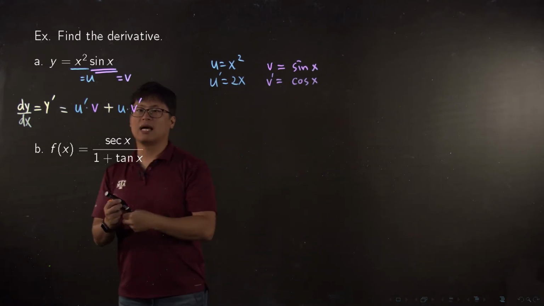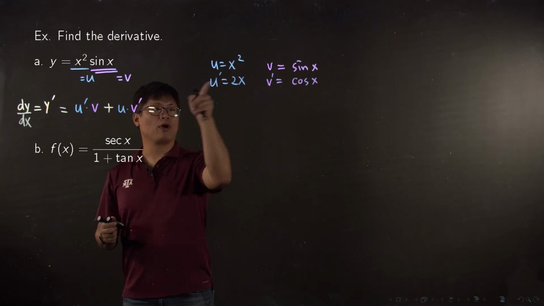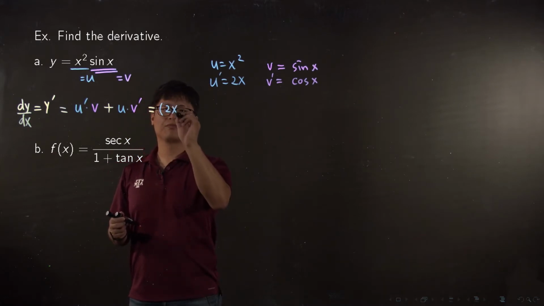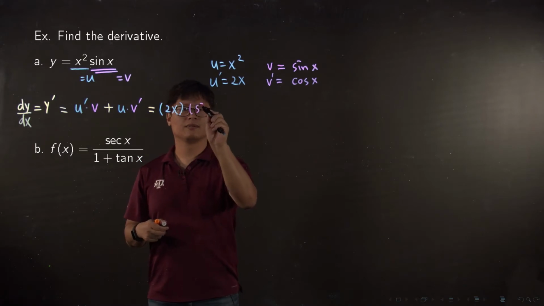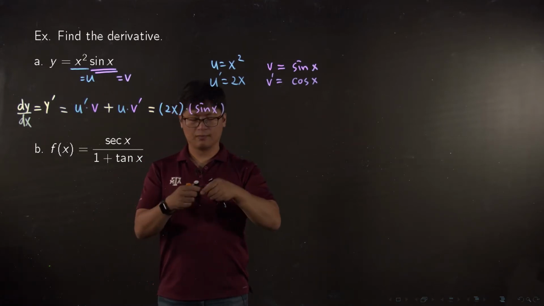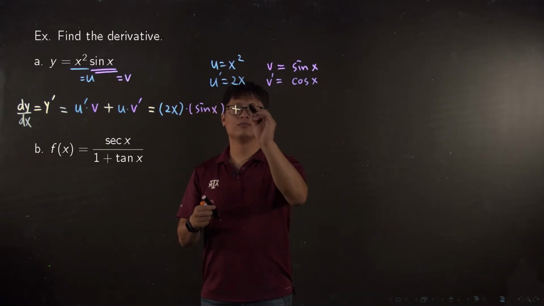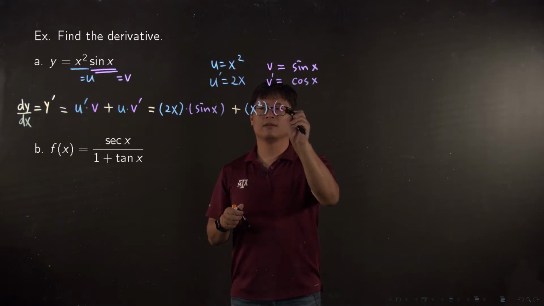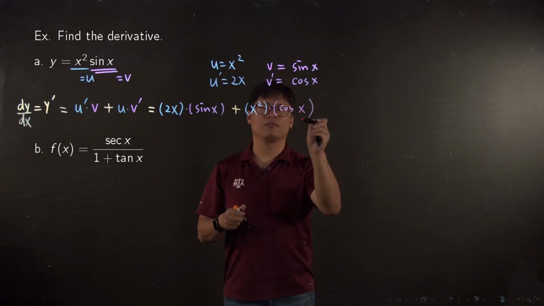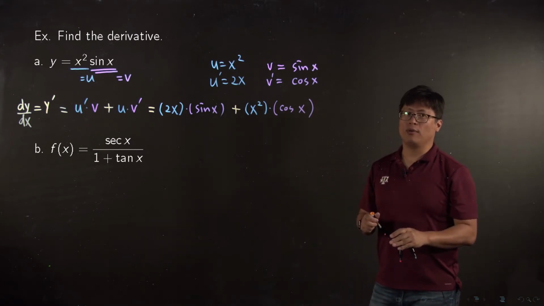Now it is time to do the puzzle: u prime times v, plus u times v prime. That's it. This is the way to find y prime.